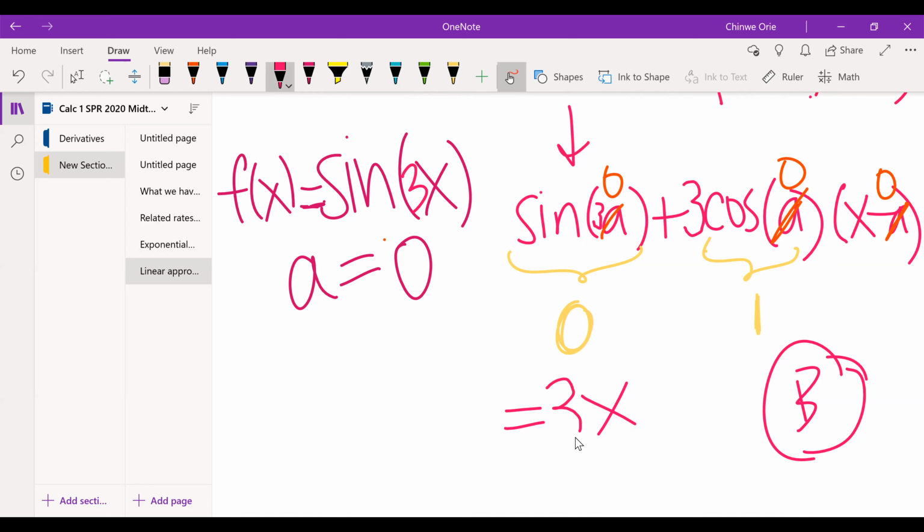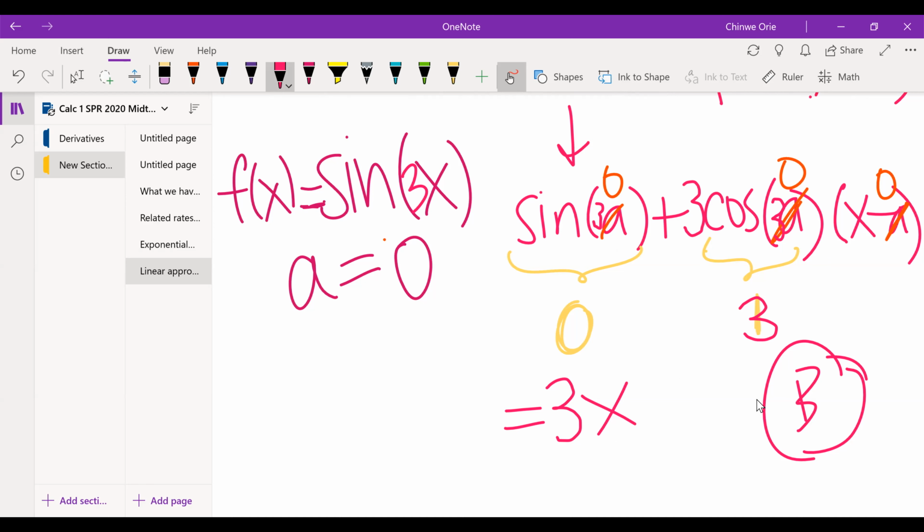Yeah, so sine of 3x, sorry, not sine of x. So your derivative is going to be 3 times cosine of 3a, right? Because the derivative of sine is cosine of the input, so you get cosine of 3a times 3 because of the chain rule. This is going to be not 1, but 3. Then you have 0 plus 3 times x, which is 3x.